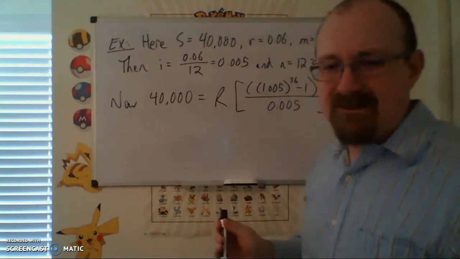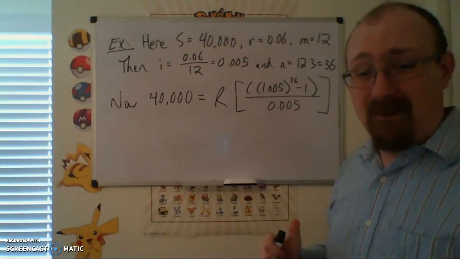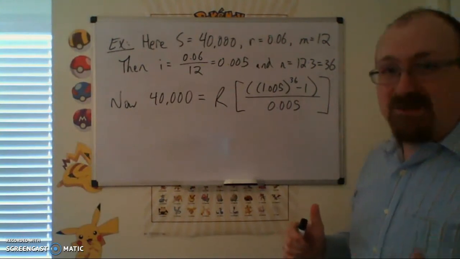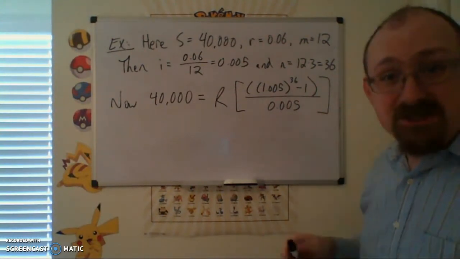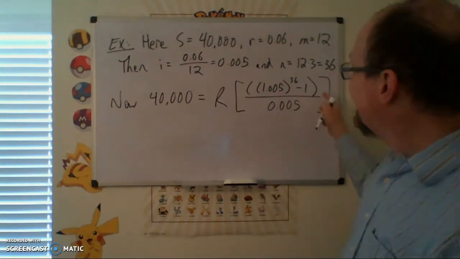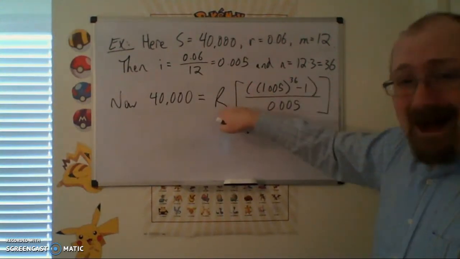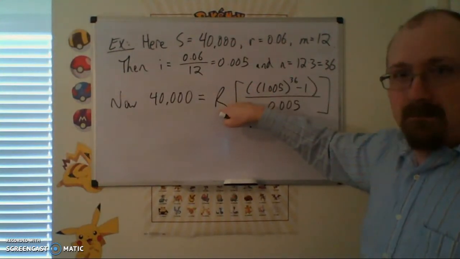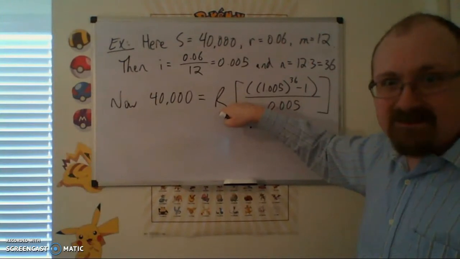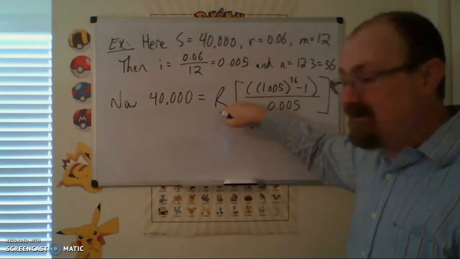I actually got approximately 39.3361. I'm not actually going to round. I didn't do it in my calculation, but the idea is now we have a number times the unknown we want. We can algebra 1 that and get R by itself via division.